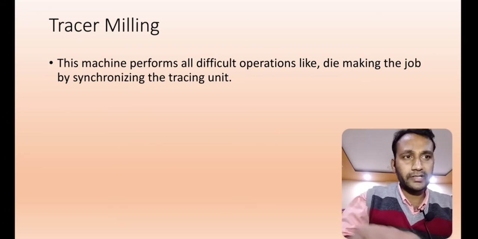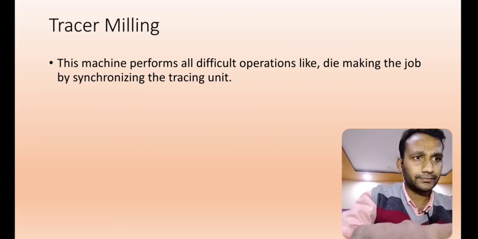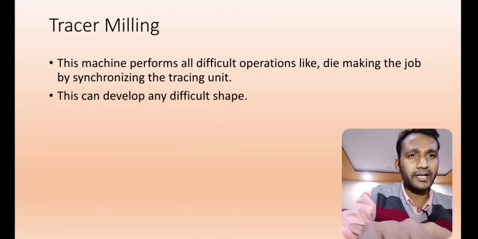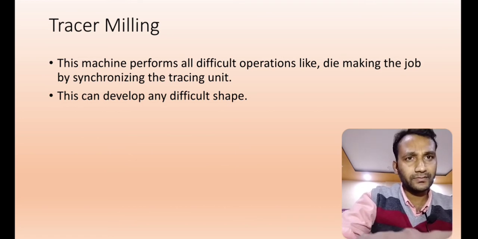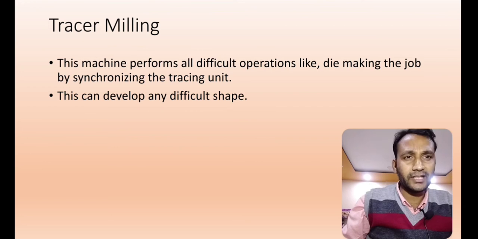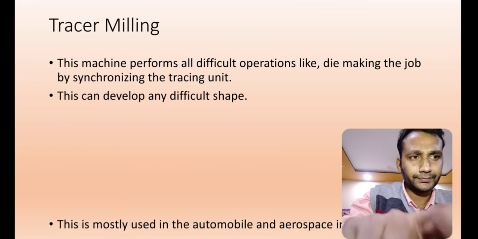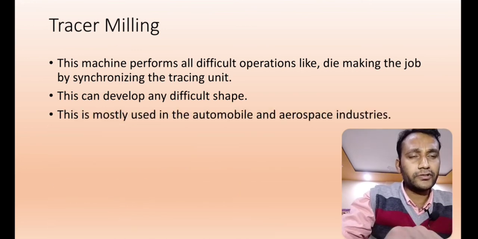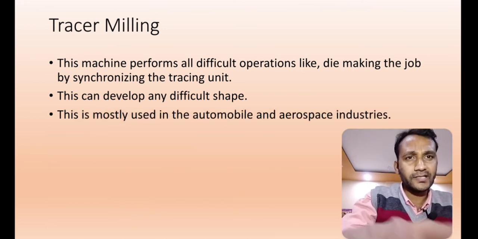So the tracing unit is used. It can develop any difficult shape. Since dies have very difficult shapes, that shape can be achieved through a tracer milling machine. It is mostly used in automobile and aerospace industries.